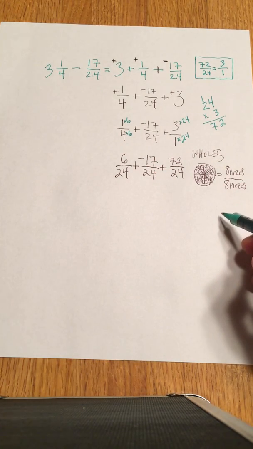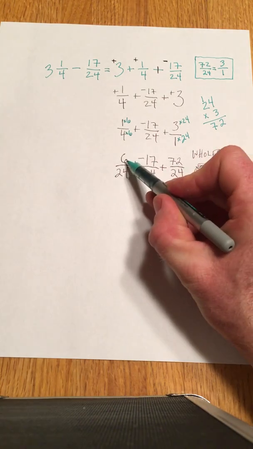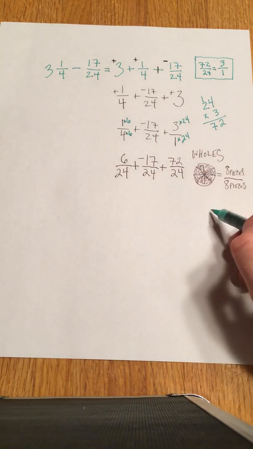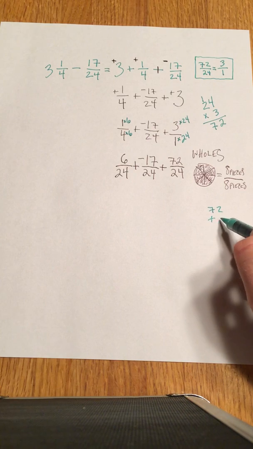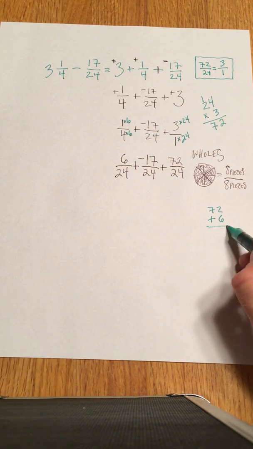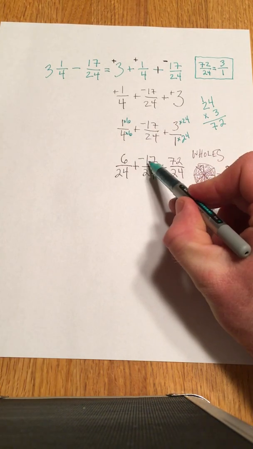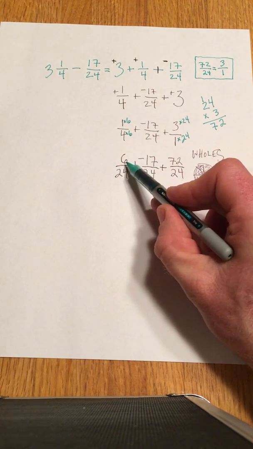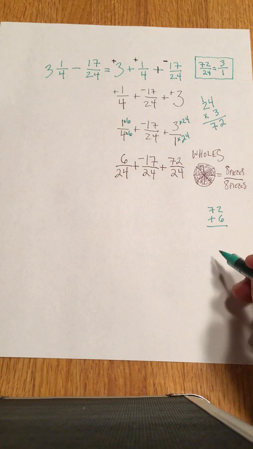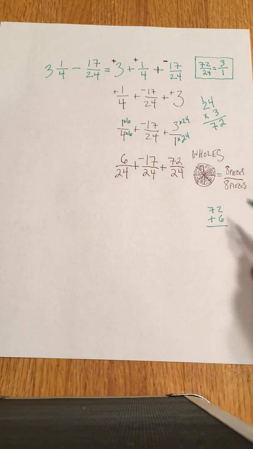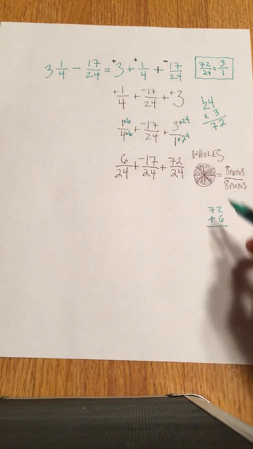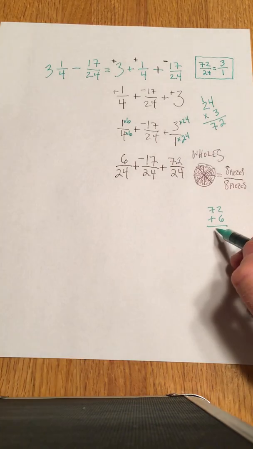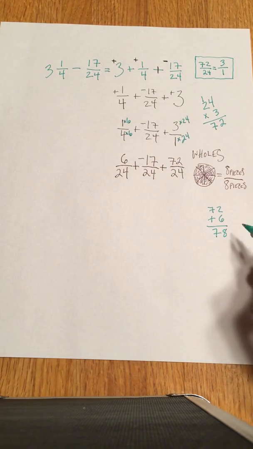You could add the 6 and the 72 first. 72 plus 6, that's easy for me. Easier than maybe taking the 17 from the 6, and then I'd wind up with a negative integer, and that can sometimes be more confusing. So I'm going to go with the easy route. 72 plus 6 is 78.